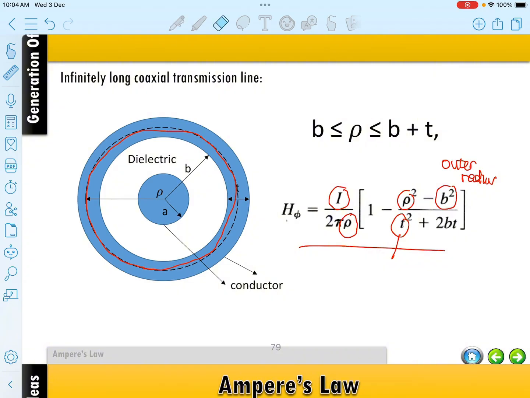What is the thickness here? This is the thickness, you can see this is t, the thickness of the outer conductor of this coaxial transmission line. Just replace the values and you can get the magnetic field.